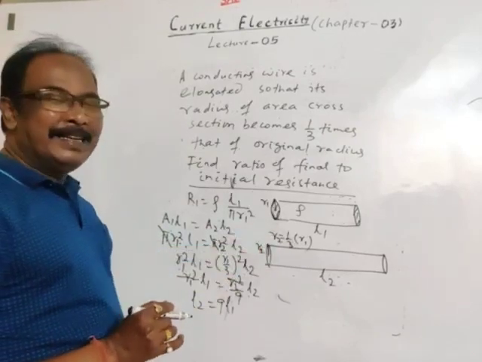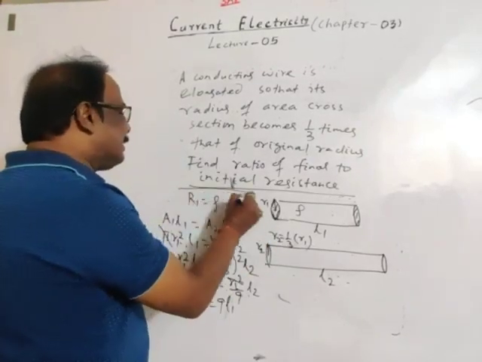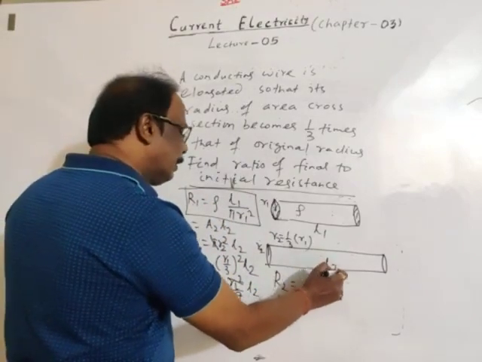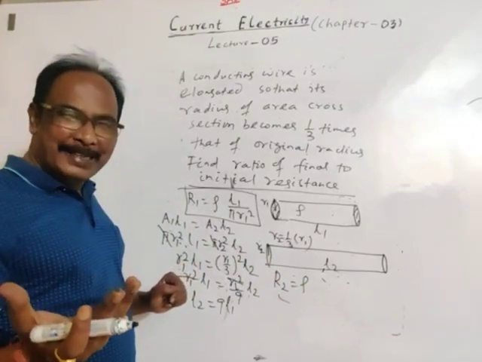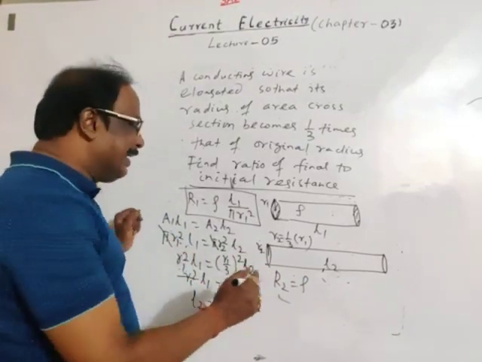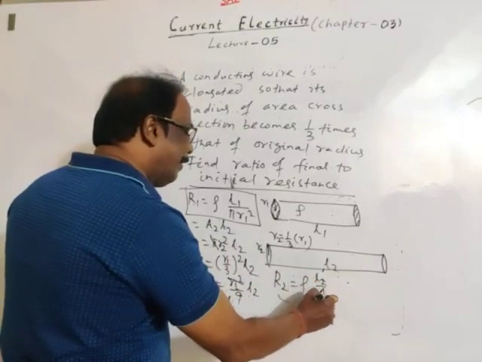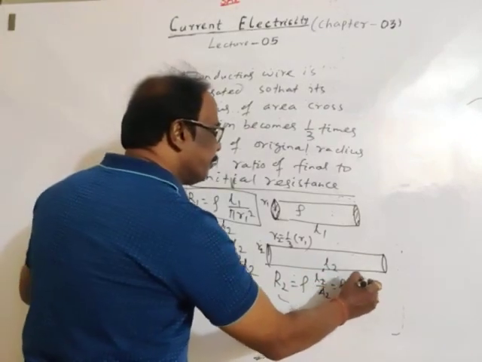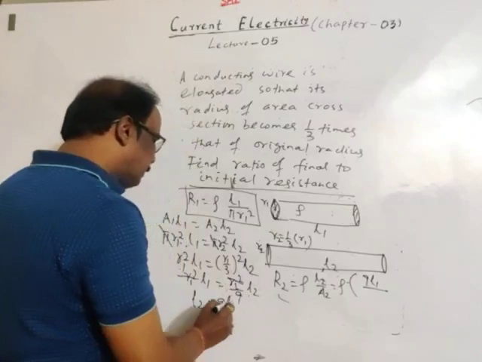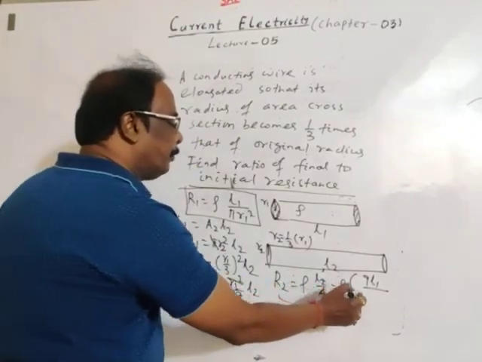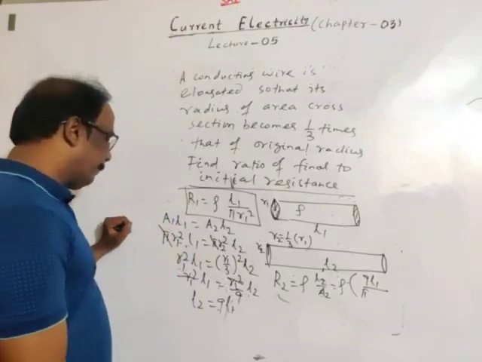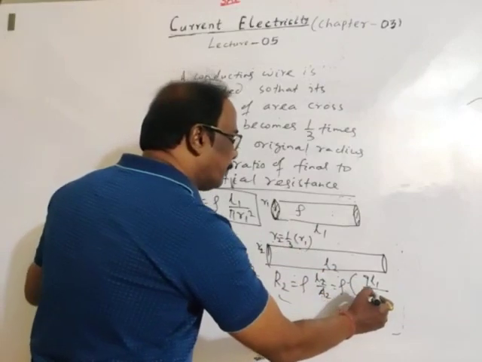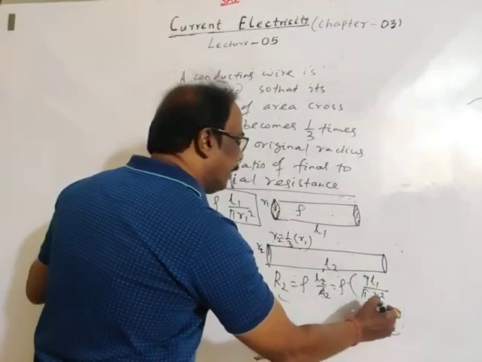Clear? Then what will be its resistance? Initial resistance is R1, final resistance is R2. Resistivity remains constant because it is independent of dimension. R2 is rho L2 by A2. In place of L2 we may write 9 L1, in place of A2 we may write pi R2 square, but here R2 is R1 by 3, so R2 square means R1 square divided by 9.